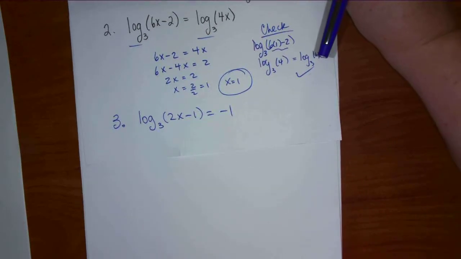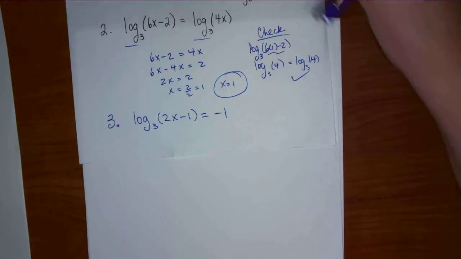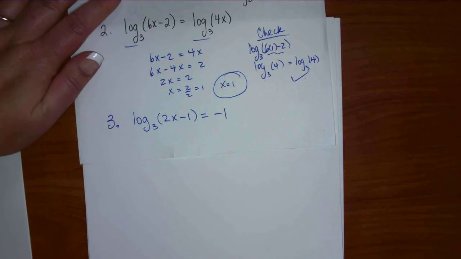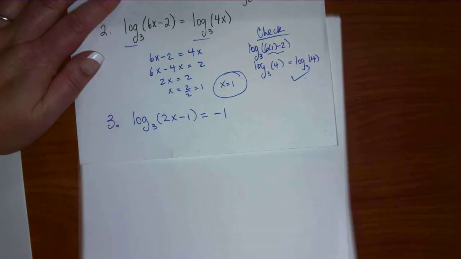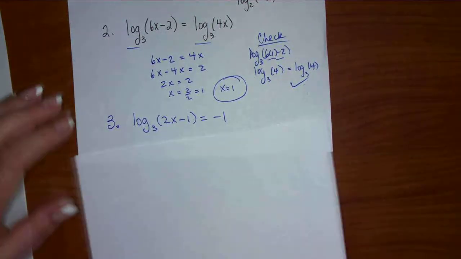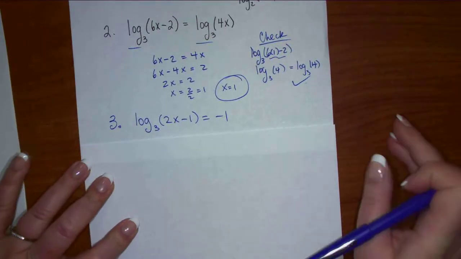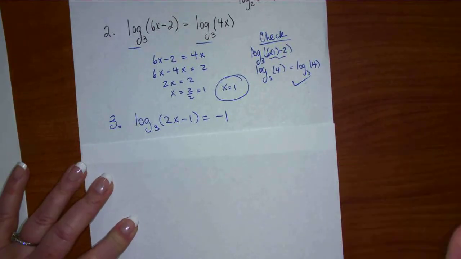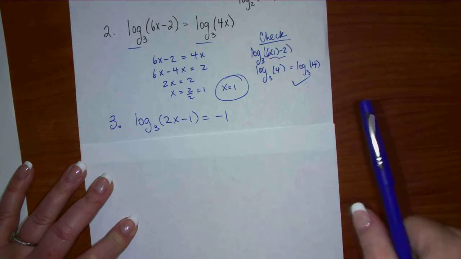Should have started with this. Okay, so this does not have a log on both sides. So in order to solve, we have to do something to each side to get rid of the log. What do we do?